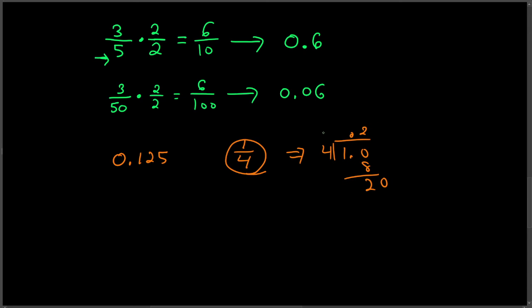Bring down an extra 0. So we can always bring down extra zeros. And so 1/4 is equal to 0.25. And so 1/4 is bigger than 0.125. Because this has 2 in the tenths place, and this only has 1 in the tenths place.